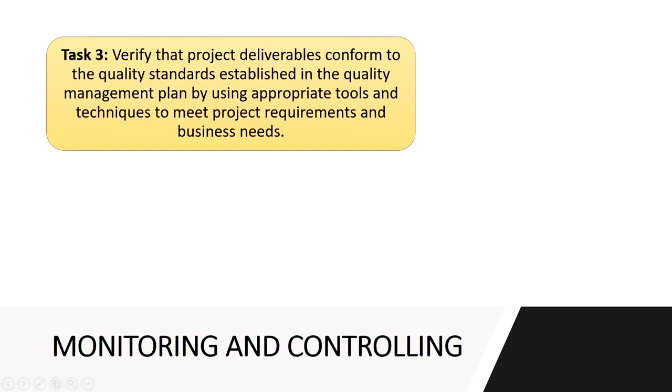It's inspection. So we get all of this information, all of these deliverables, whatever the deliverable looks like. We make sure we put it under the microscope. We make sure we put it through thorough tests. And we want to make sure that those deliverables are fit for use and that they conform to requirements and that the customer will most likely be satisfied when those deliverables are presented.